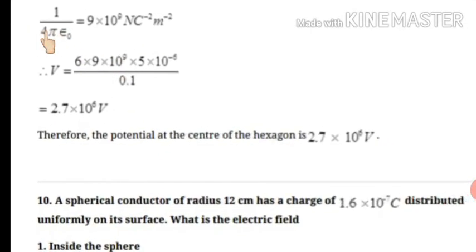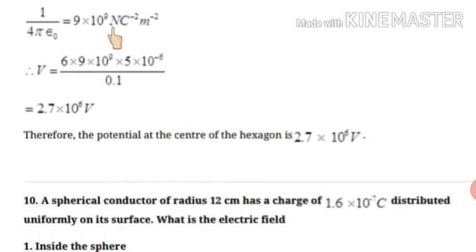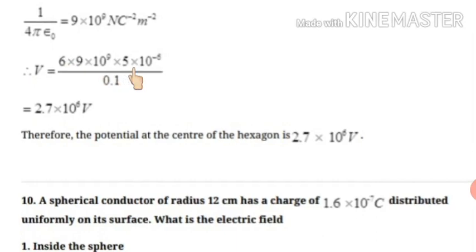In place of 1 upon 4 pi epsilon naught, we write 9 into 10 to the power 9. 6 as it is. The value of charge is given, 5 microcoulomb, so 5 into 10 to the power minus 6. In place of d we write 0.1, which we have converted into meter. So when we solve it, what will be the value of V? V will be equal to 2.7 into 10 to the power 6 volt. So I think this question is clear.